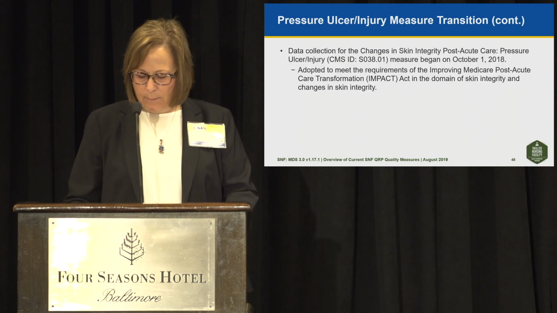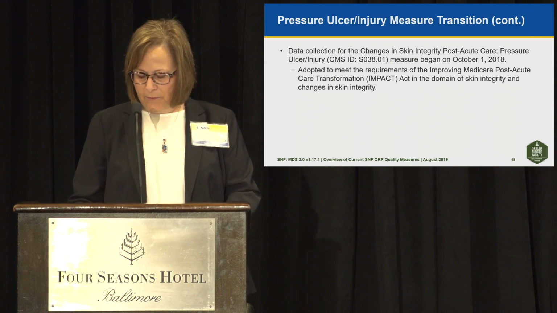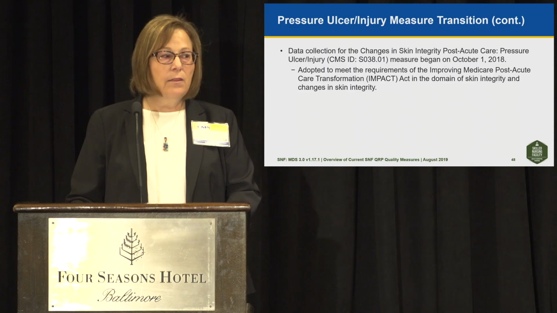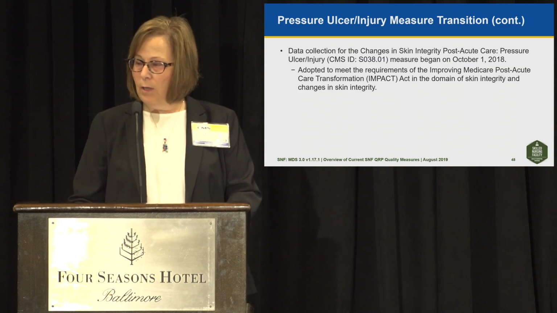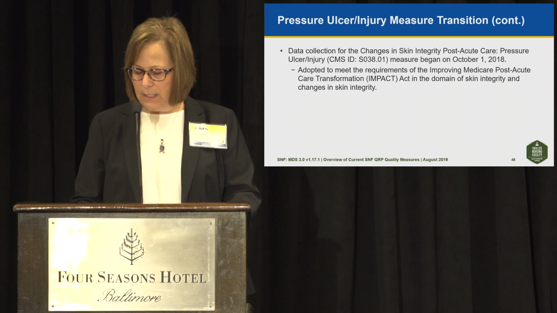We'll now look at more detail for the new pressure ulcer injury measure implemented on October 1st of 2018. This measure is a cross-setting quality measure adopted to meet the requirements of the IMPACT Act, the domain of skin integrity and changes in skin integrity.